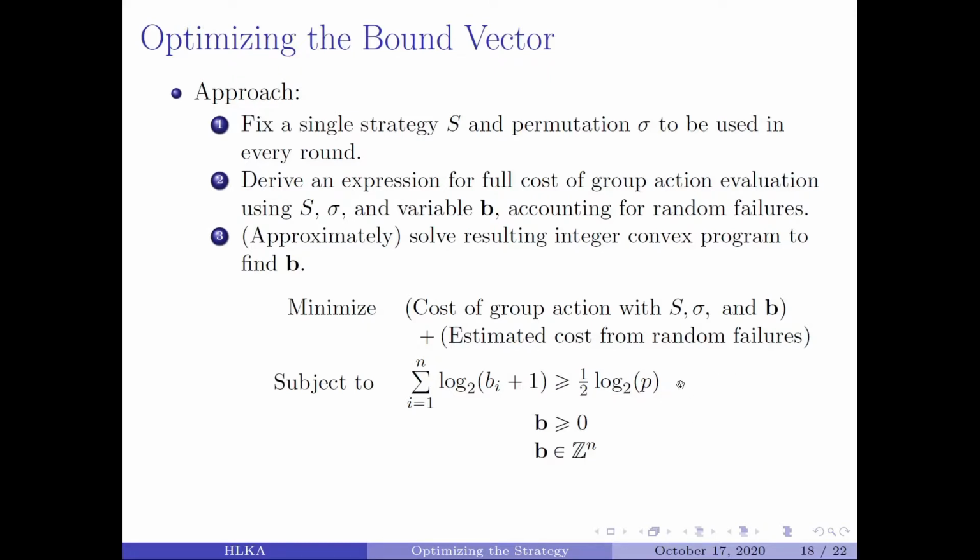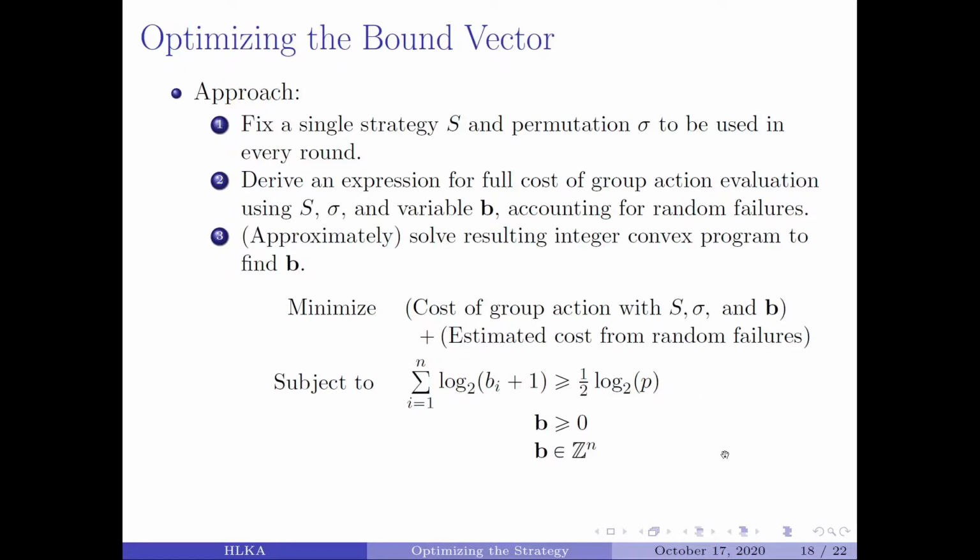The first constraint is the security constraint, and the other two ensure that we have a good bound vector. So what we get is an integer convex program, and we weren't so lucky in solving this one because we can't just relax away this integrality constraint for free this time.